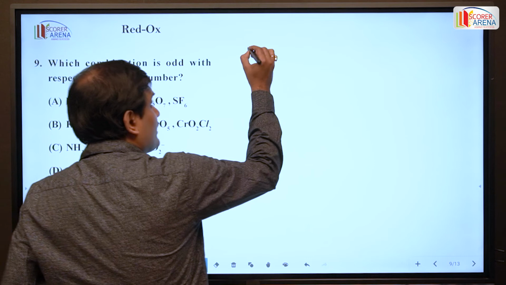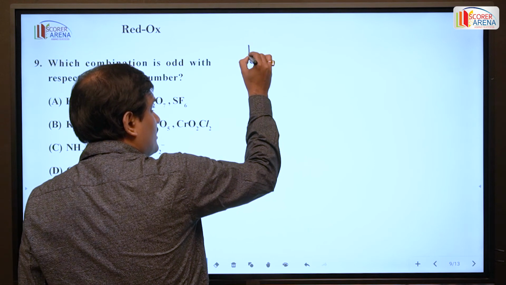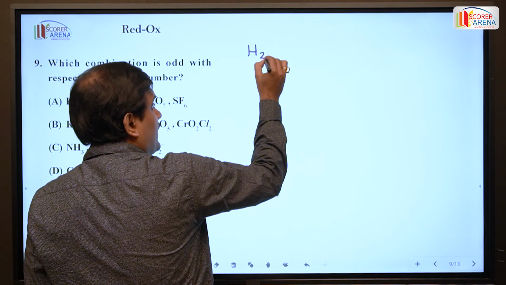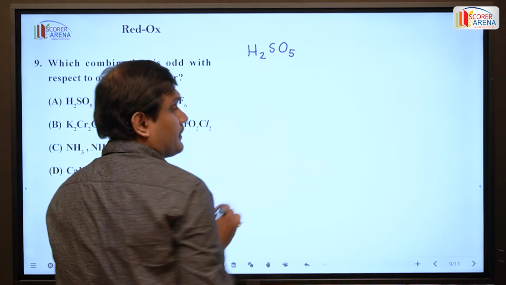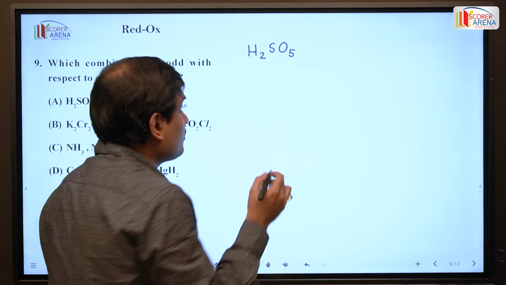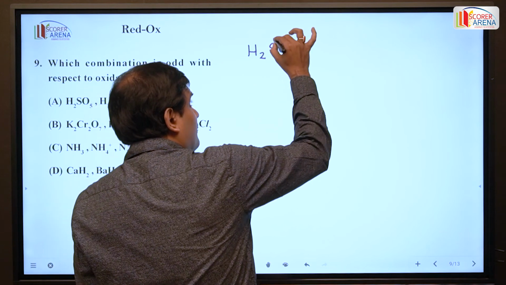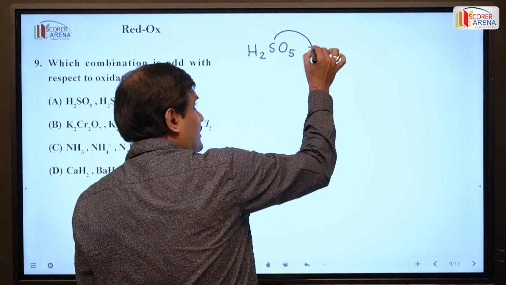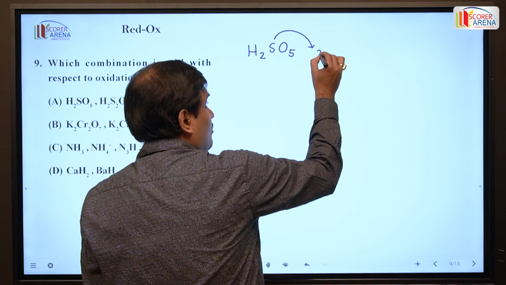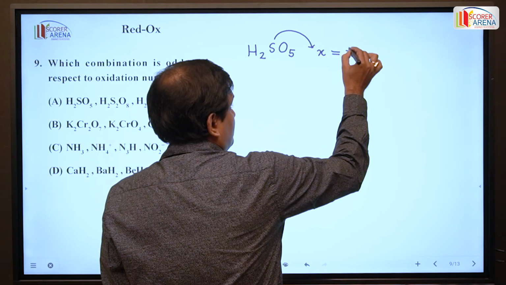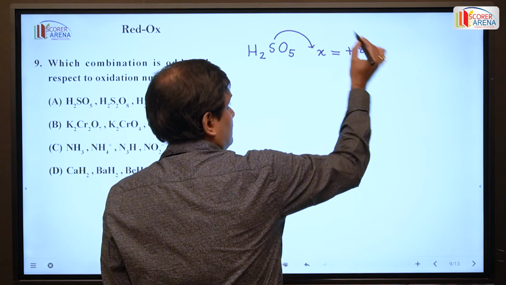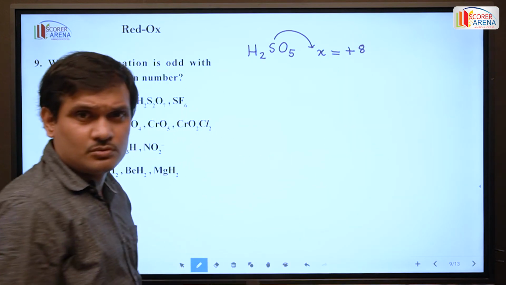In H2SO5, the first compound given, if you find the oxidation number of sulfur by taking it as X, the value of X becomes +8.